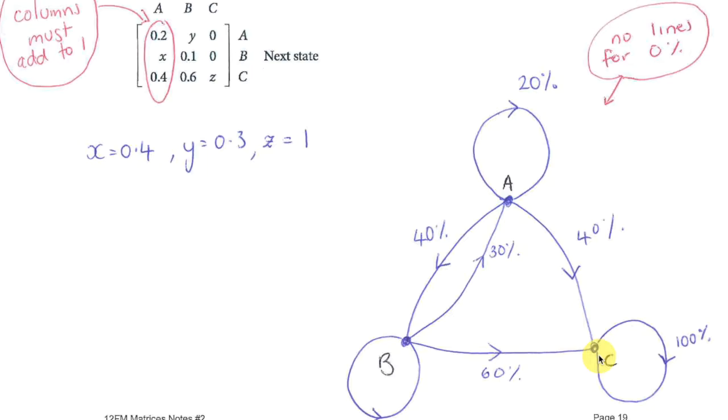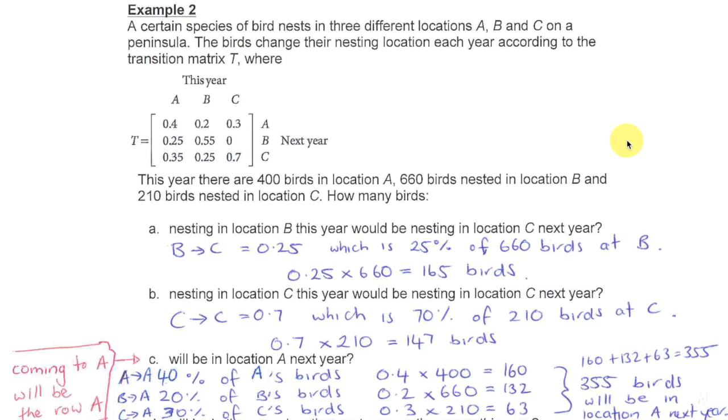And that's basically it. So here we've got example 2. And basically it's all about this transition diagram. We're looking at birds, and they nest in location A, B, and C in this particular year, and then move across to locations A, B, and C the following year.